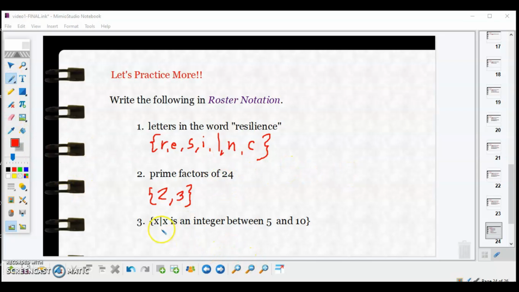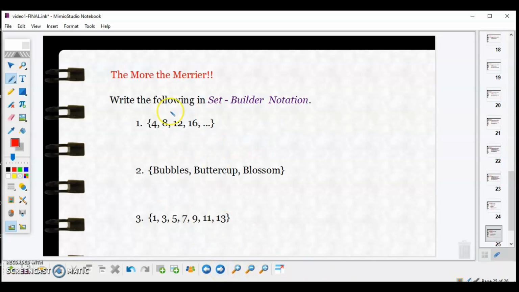Okay? Next, we have the set of x such that x is an integer between 5 and 10. So we are going to start from 6, then 7, 8, until 9. And there you have it. That's it. Let's proceed to the next.